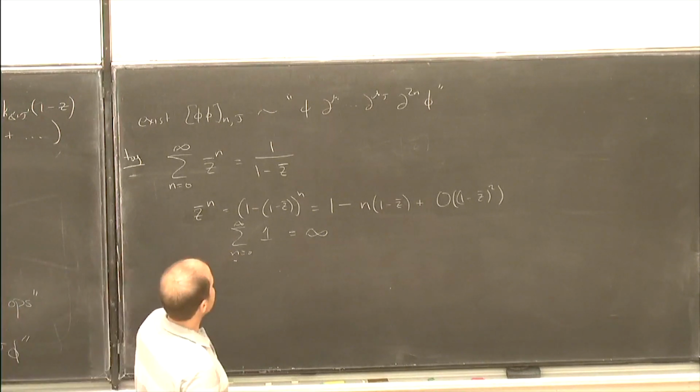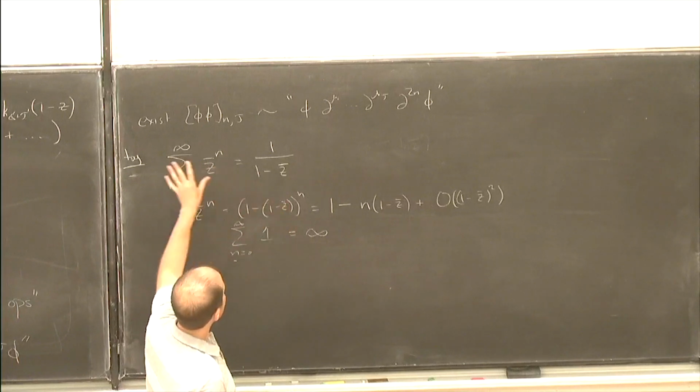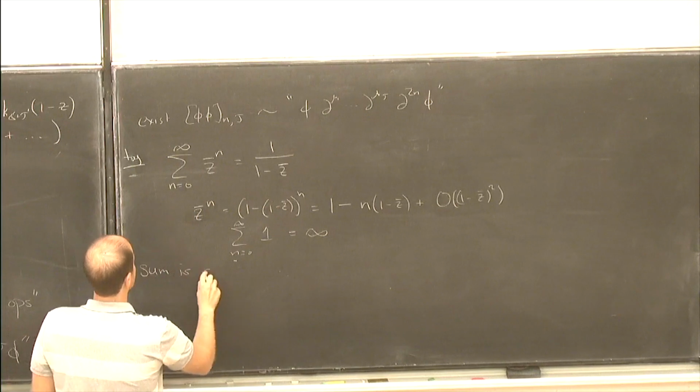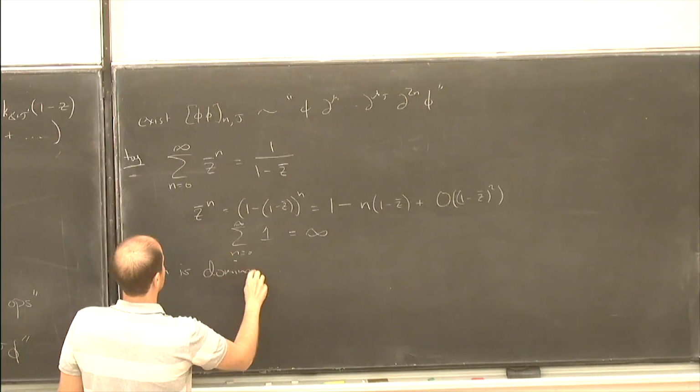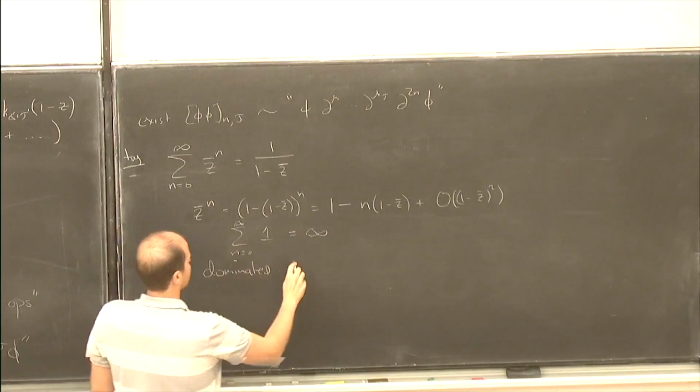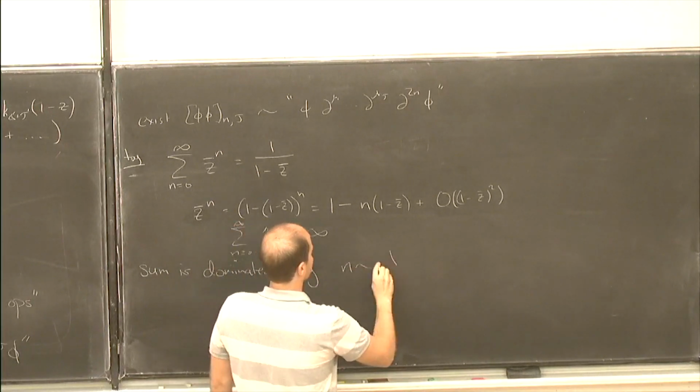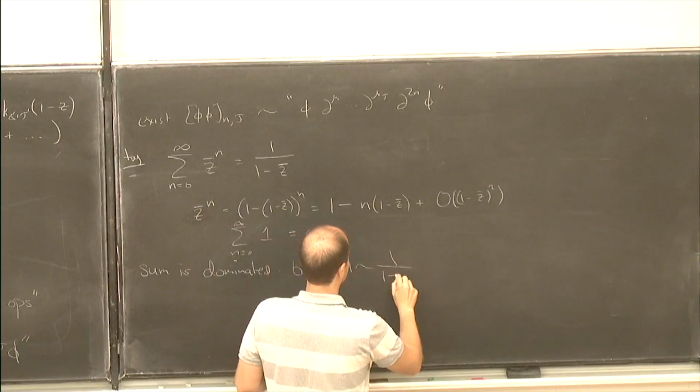The reason that this didn't work is that the sum is dominated by n of order 1 over 1 minus z bar.